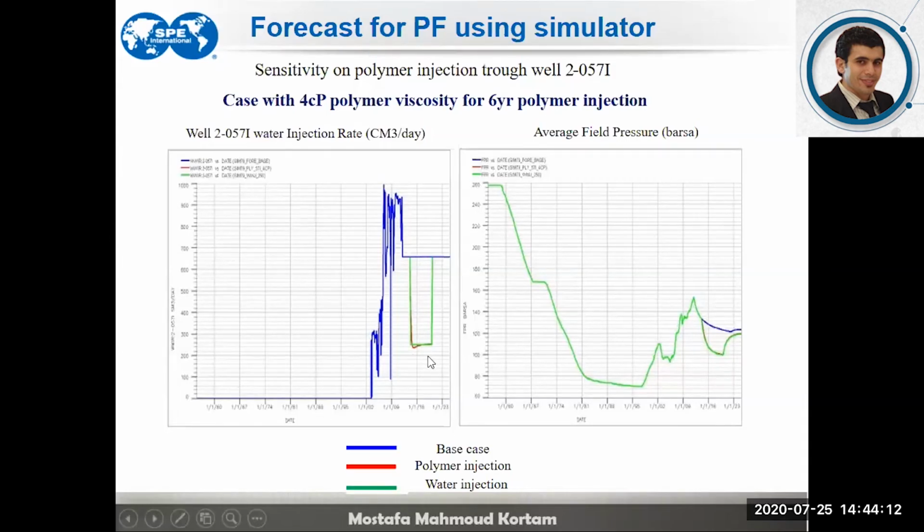And after those 6 years of injection, we return back to water. The impact on the reservoir pressure, unfortunately, is that it will reduce the reservoir pressure significantly, and then there will be some rise in the reservoir pressure later.